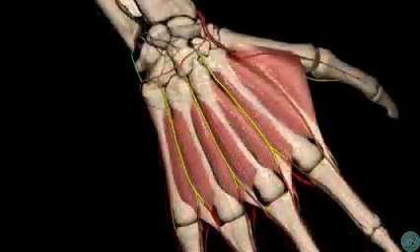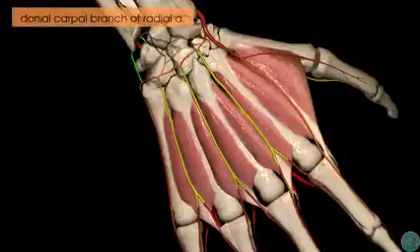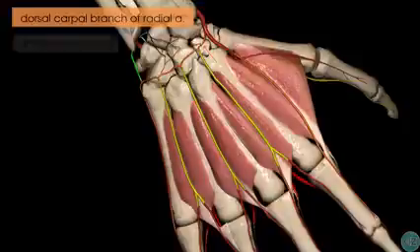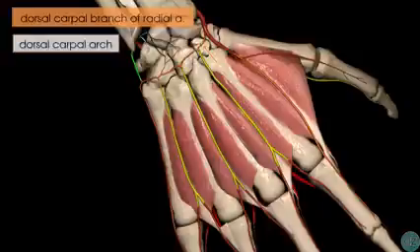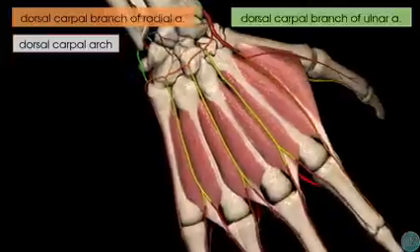Now just coming back to look at some of the dorsal branches of the radial artery. We've already seen the dorsal carpal branch which comes off the radial artery as it enters the dorsal aspect of the hand. This forms the dorsal carpal arch by anastomosing with the dorsal carpal branch of the ulnar artery, which we looked at before, and you can see it highlighted in green.